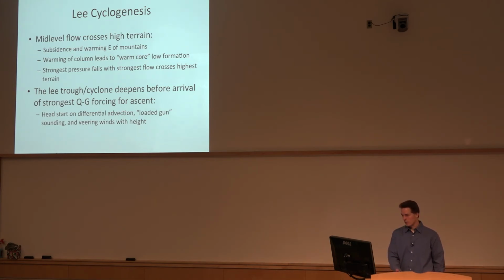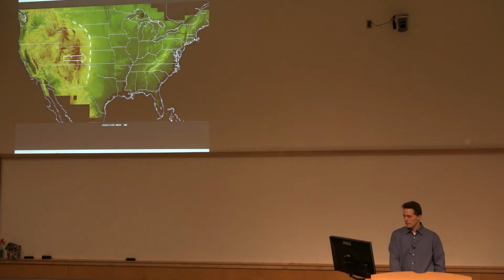So we have lapse rate source, moisture source. Any flow across the mountains induces a lee trough, and you get differential advection. So essentially the entire spring, we are trying to create severe storm environments in the central United States. That's almost the default condition. So we'll look at that in a little more detail.